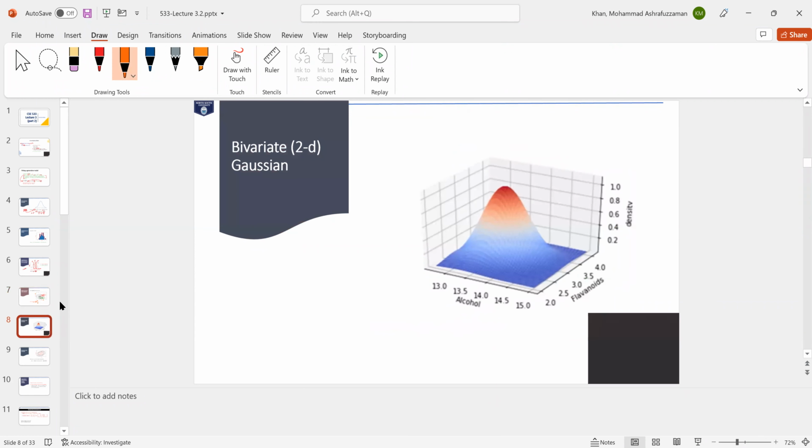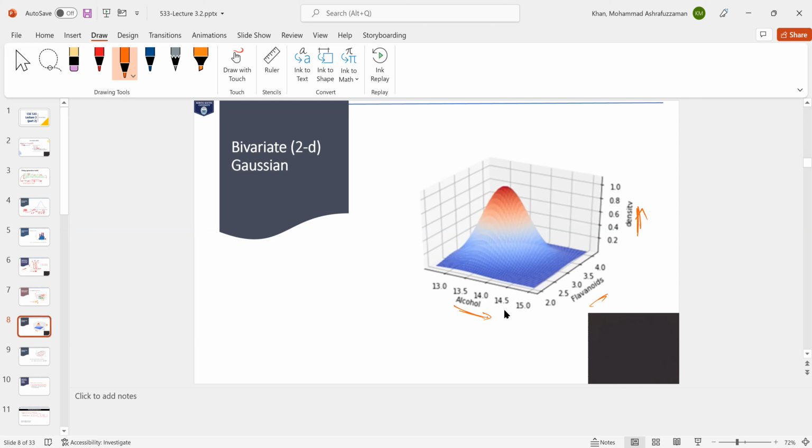So if we use multivariate Gaussian for 2 variables, it looks like this. So this is the alcohol level, flavonoids level, and this is the density. So already it is looking complex. Now, if we want to plot it for more than 3 dimensions, we can't.